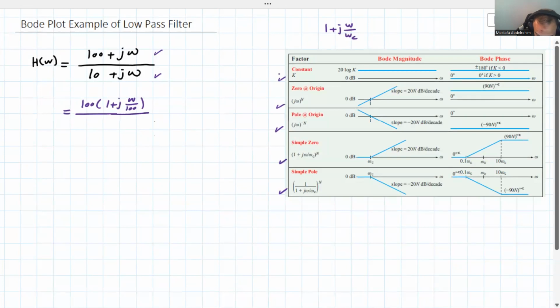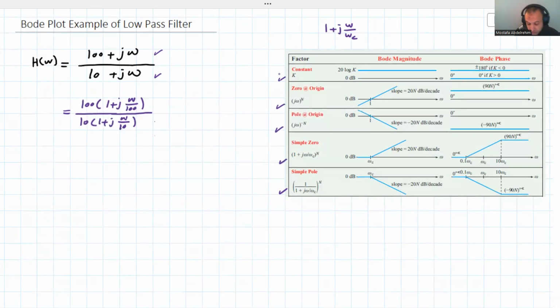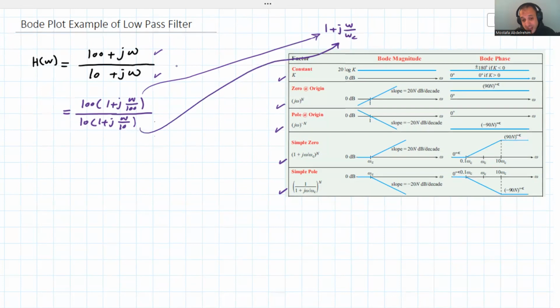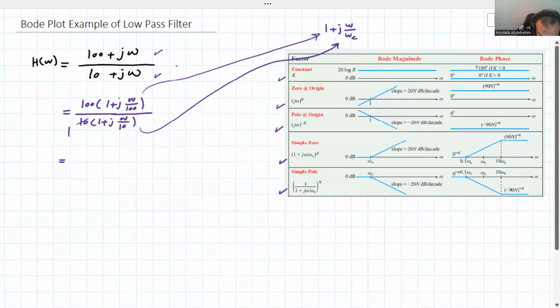We do the same in the denominator, but we take 10 as a common factor, so 10 times 1 plus j omega divided by 10. Also, omega c in the numerator is different from omega c in the denominator. We can simplify further: 10 can go with 100, leaving us with 10.